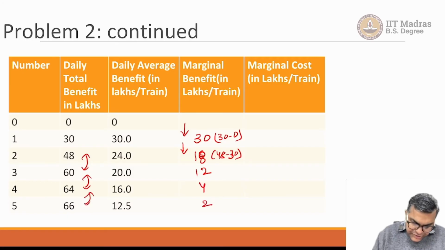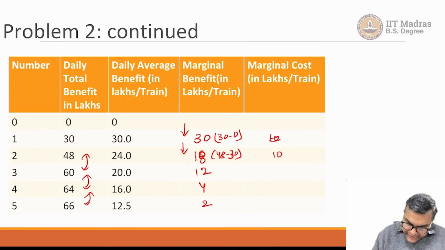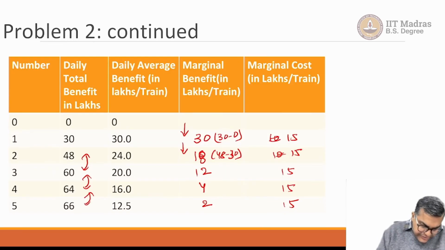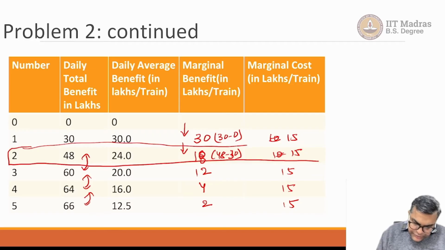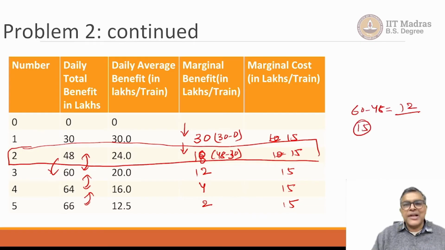And how much is the marginal cost? In each case you run one additional train, so it is 15 lakh, always 15. So you should be running just 2 trains, because if you run a third train, the additional earning that you have is just 60 minus 48, that is 12 lakh rupees, but running an additional train will cost you 15 lakh rupees.